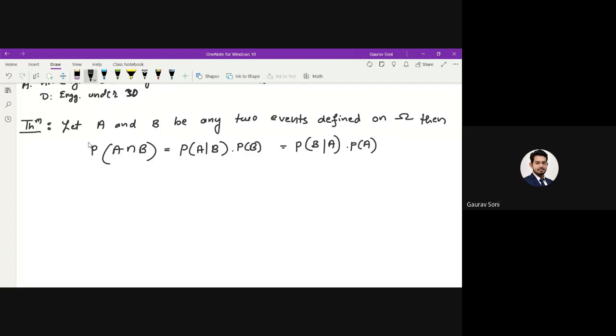Can you prove it? It's called the multiplication theorem. Can you prove it?